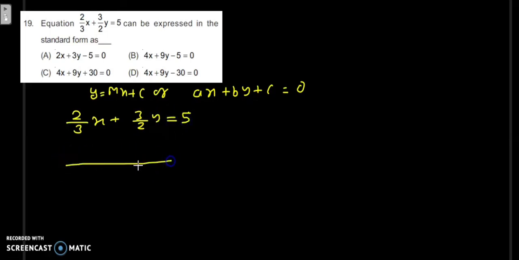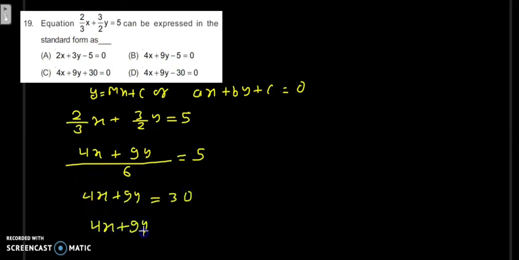When you take LCM it will be 6. 3 2s are 6, 4x plus 2 3s are 9y, equal to 5. So this will give you 4x plus 9y is equal to 30, means 4x plus 9y minus 30 equal to 0. So this type of answer, option D is your answer.